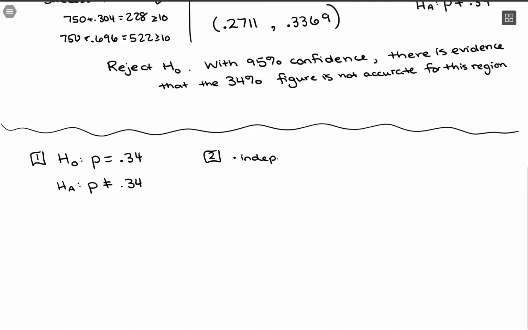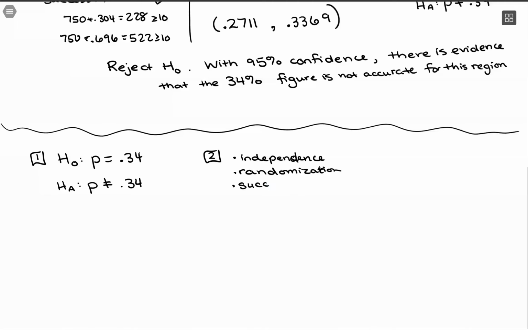What we're going to do is we have the same null and alternative hypothesis. I'm going to check the conditions. Now the conditions here change a little bit because up above there we used our sample statistic.